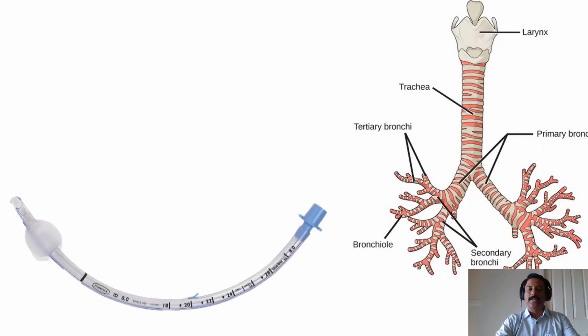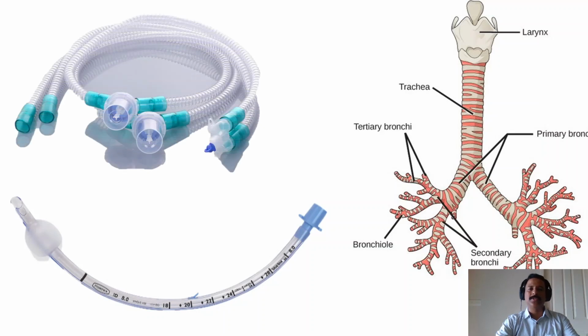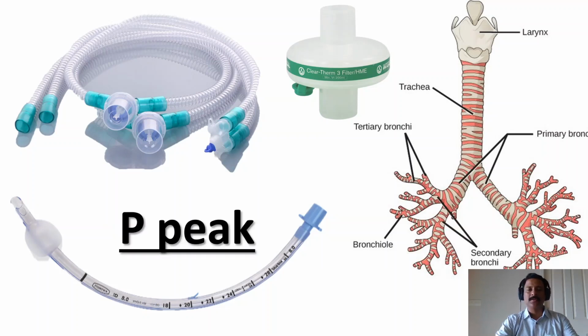It depends upon the endotracheal tube, the circuit, and the humidifier. So it is the resistance of the air to flow through the circuit, the filter, the endotracheal tube, the trachea, and finally to the bronchus.